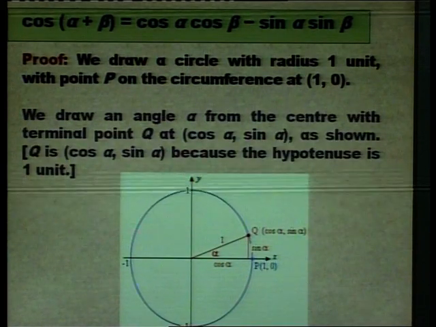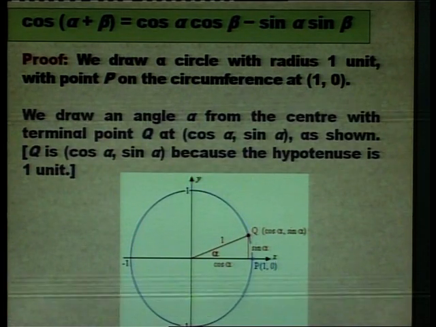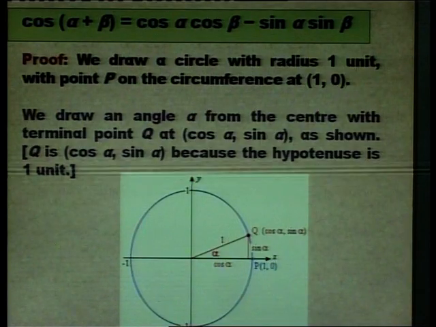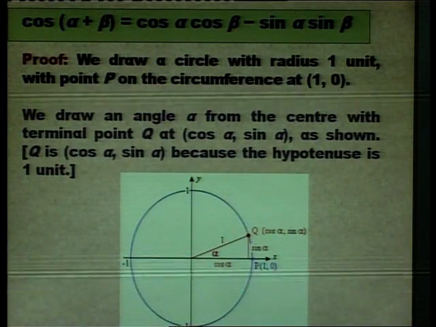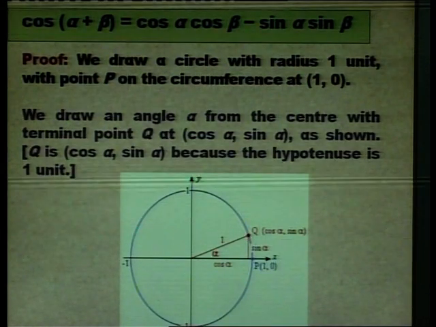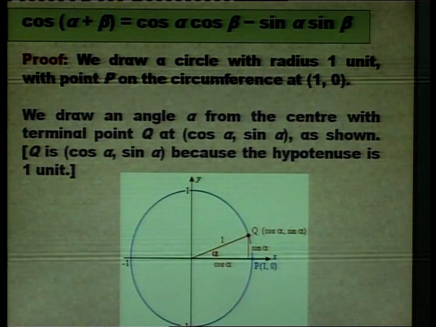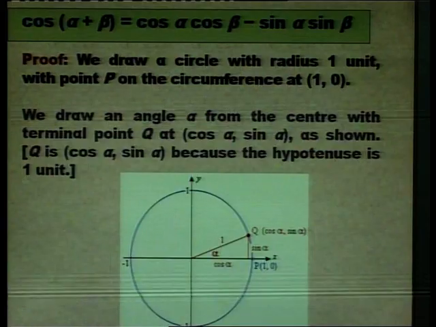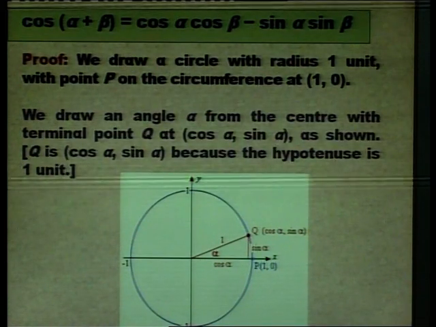Similarly, for the point Q, because I am choosing the alpha angle as shown in the picture and the hypotenuse in this case is 1, if I consider the triangle mentioned in the picture, the point Q can be taken with x coordinate as cos alpha and y coordinate as sin alpha.